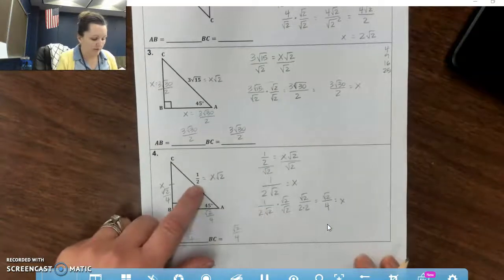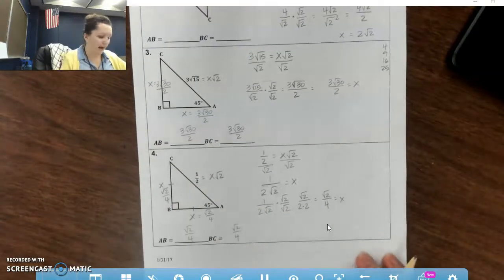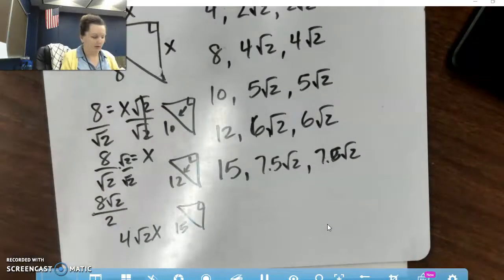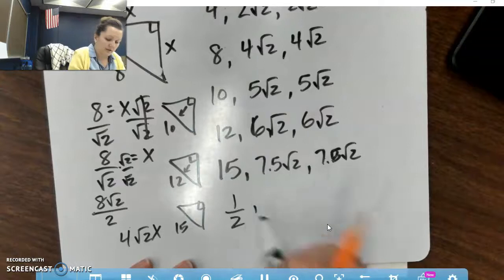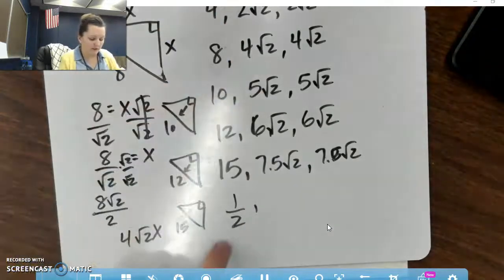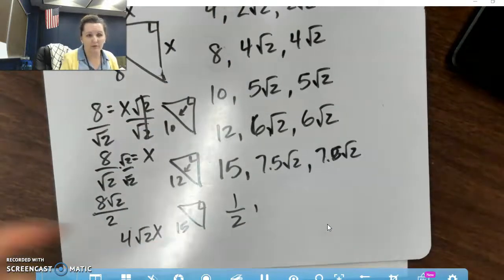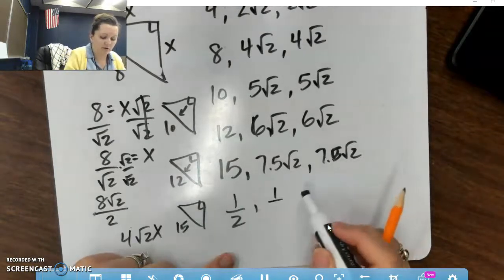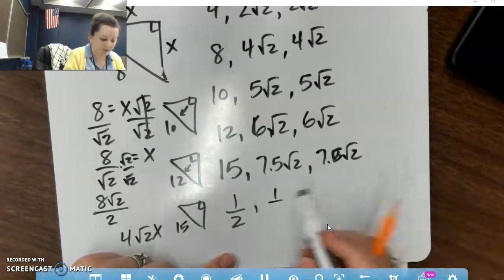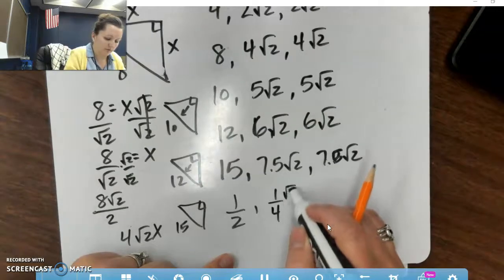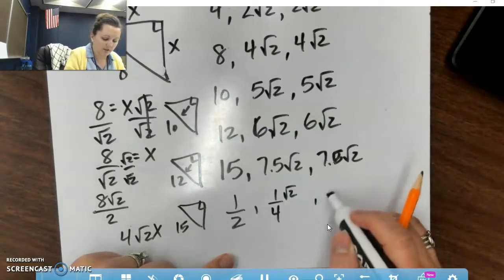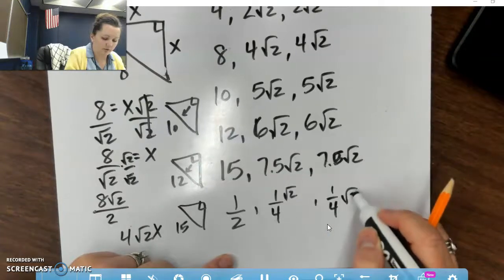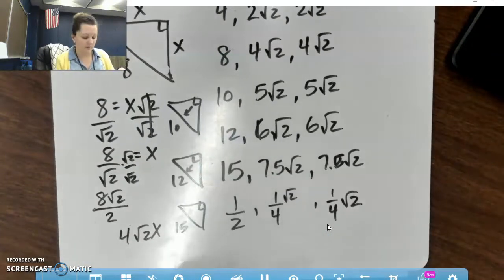Because if my hypotenuse is 1/2, and all I do to find the other ones is cut my hypotenuse in half, what's half of half? It's 1/4. So it's 1/4 square root of 2. Same thing. You can write it like this too. That works too. Either way.